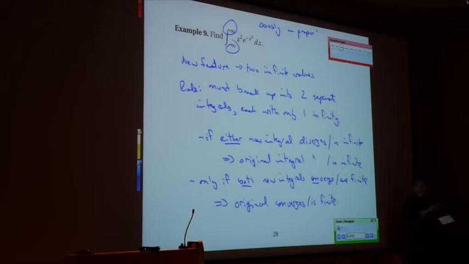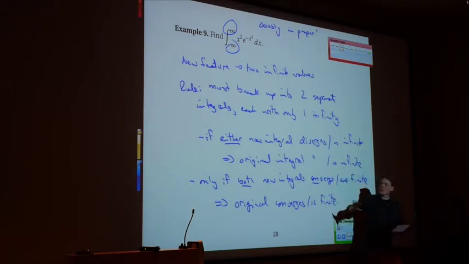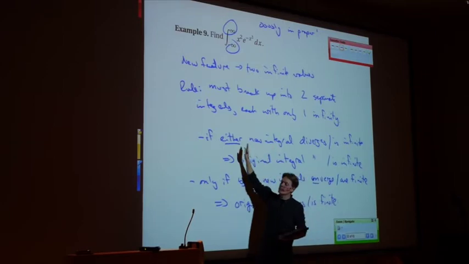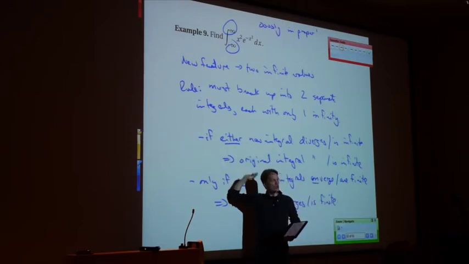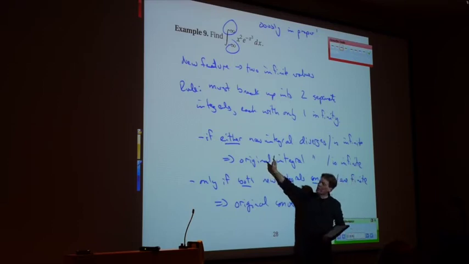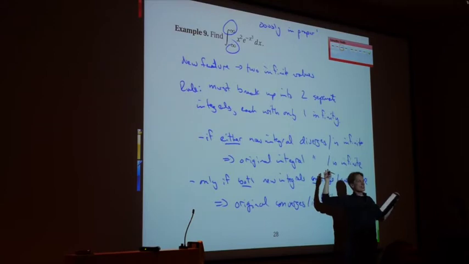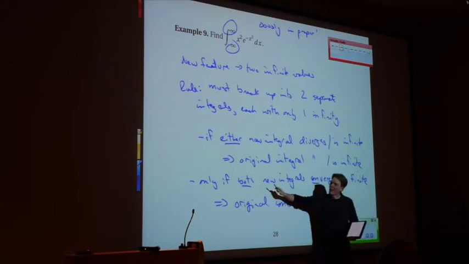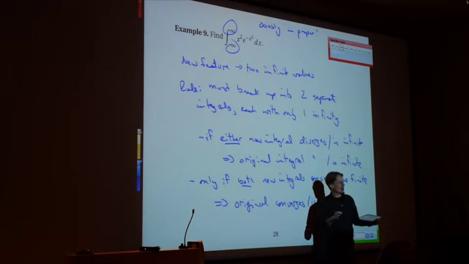And you'll actually have an example in your tutorial next week where you deal with exactly this problem. So this is going to be our rule, and there's lots of good reasons for it. You see two infinities, break it into things so there's only one per integral. And if either one of those new ones is bad, diverges, then we're done. The whole thing diverges, we're finished. If it turns out that both of them are nice and well behaved, then the overall integral is nice and well behaved. So pretty much what you'd expect.